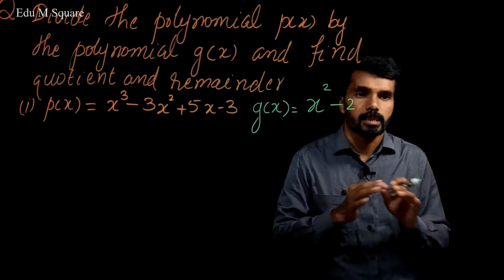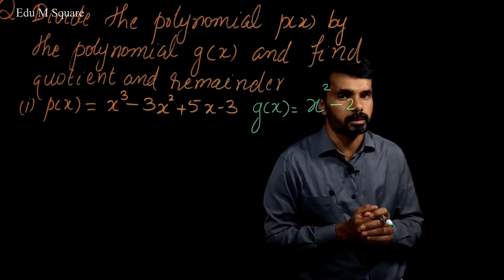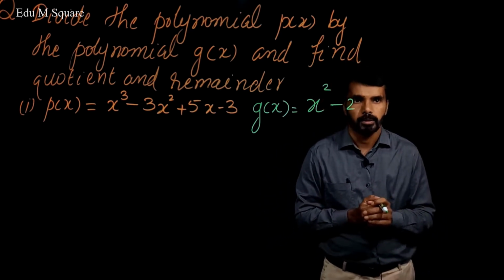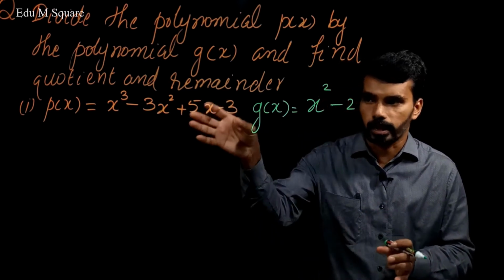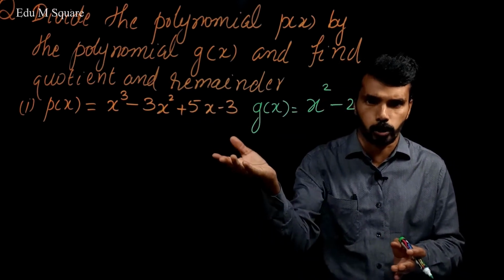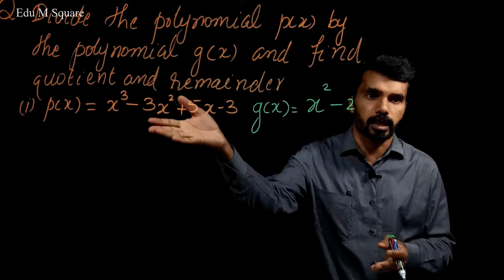You have learned this in class 9 also. So we check first whether the given two polynomials, the dividend and the divisor, are in standard form.